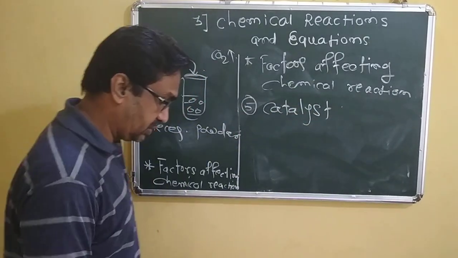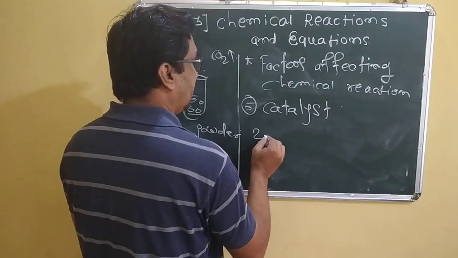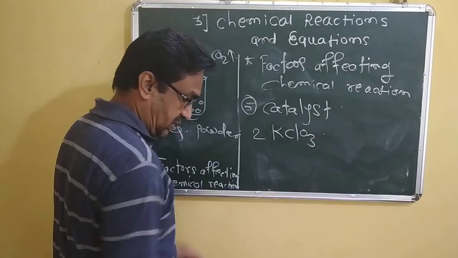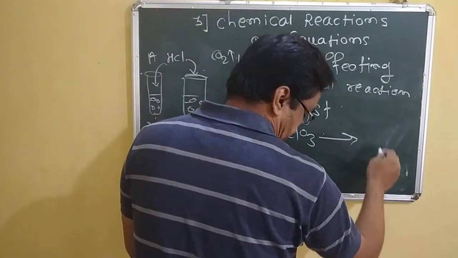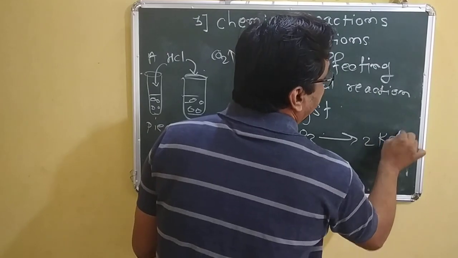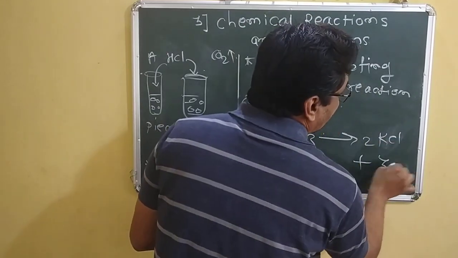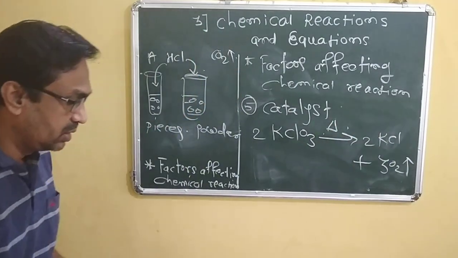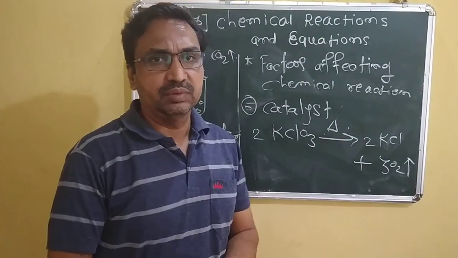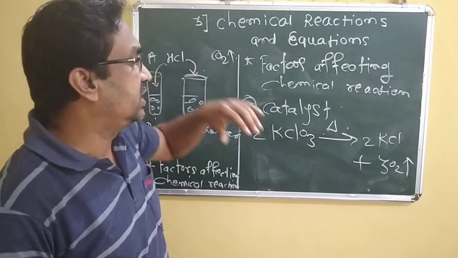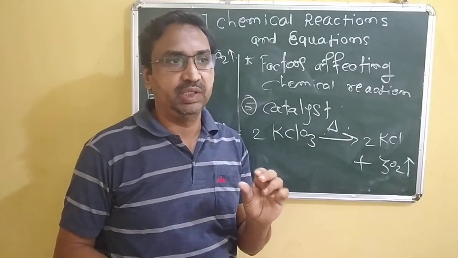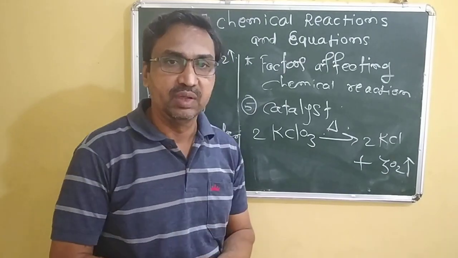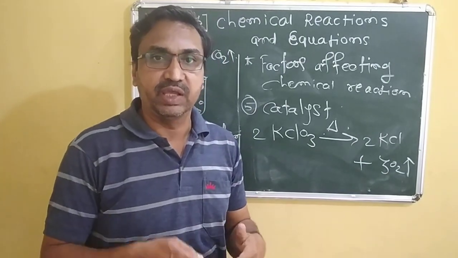Catalyst. Here we can see the reaction of potassium chlorate, KClO3, forming potassium chloride and oxygen. In this reaction, even though we take small pieces or a powder form of the reactant, the reaction does not take place more rapidly.